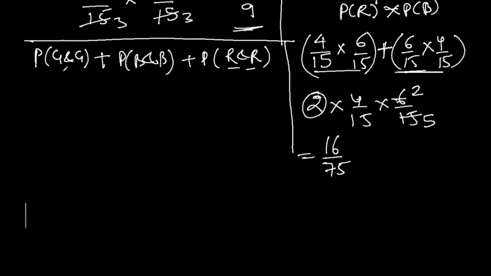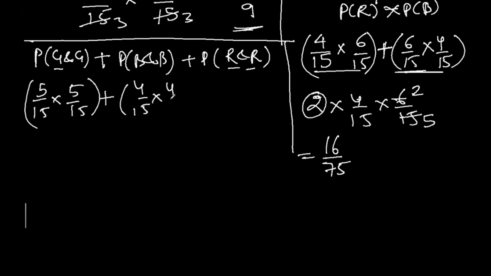So it will be, it was how many? 5 out of 15 multiplied by 5 over 15, plus 4 over 15 multiplied by 4 over 15, plus 6 over 15 multiplied by 6 over 15.